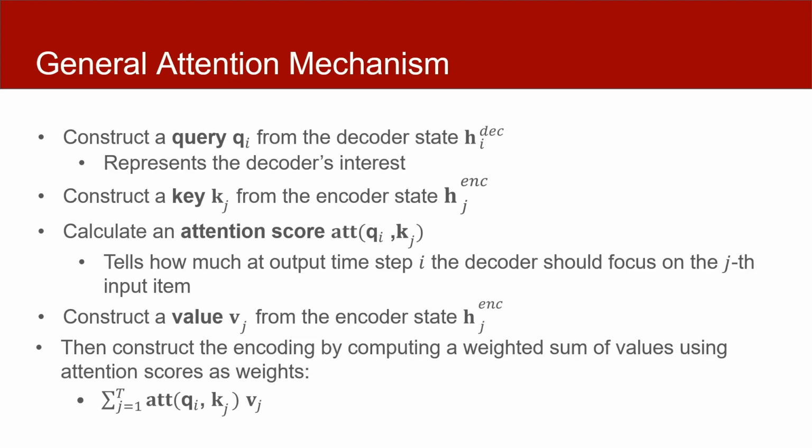So we kind of retrieve the values using the key. So it's important to understand this concept here. It helps you to understand how the attention works, and also helps to understand the multi-head attention that we are going to talk about later.